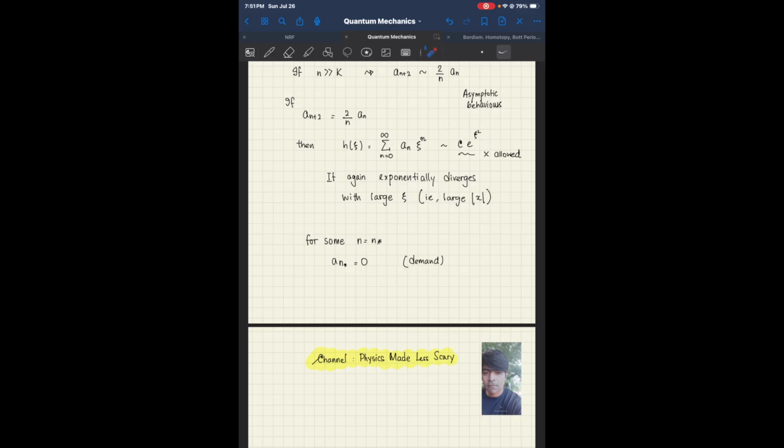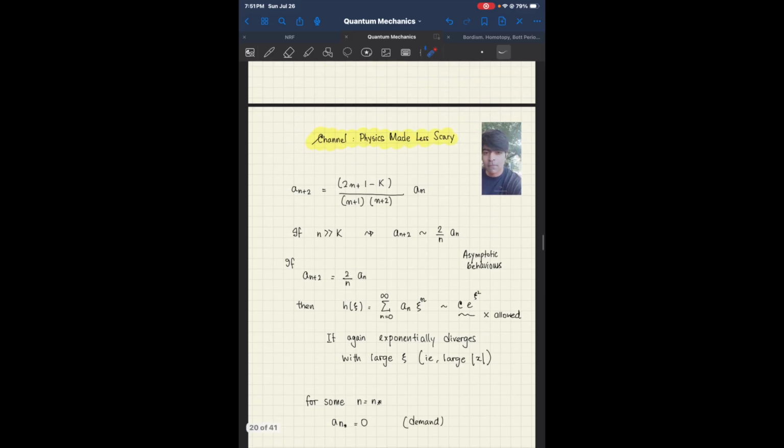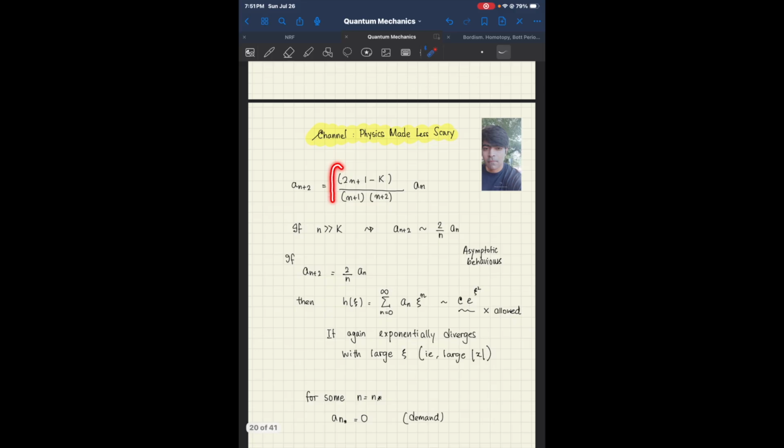Why do you demand that? Well, because if this term vanishes, this series truncates somewhere, then you don't get this exponential divergence, right? It's just a finite number of series. So this becomes a finite term, and the psi does not diverge exponentially.